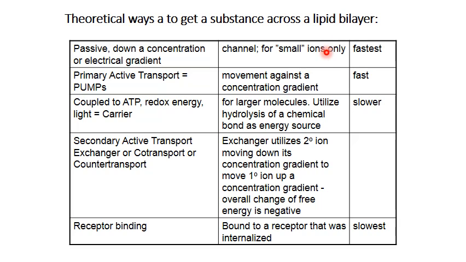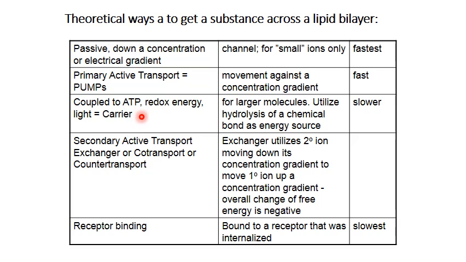But for larger molecules, we have something we think about as being primary active transport. Used to be called pumps, but these are movements of the substance against their concentration gradient. And this is a relatively slower process. These kinds of movements can be coupled to energy in order to move up a concentration gradient.